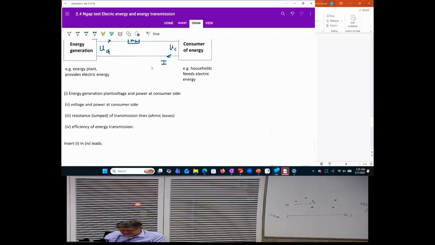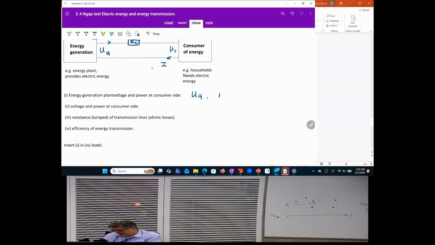So we have the energy generation on the side of the plant, the U generator, and the power provided would be the voltage at the generator side times the current sent over the transmission line.